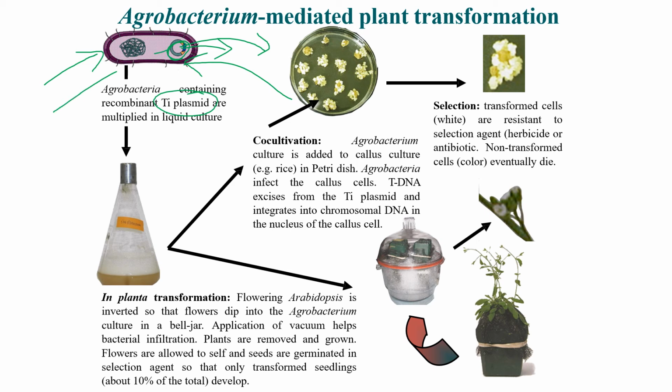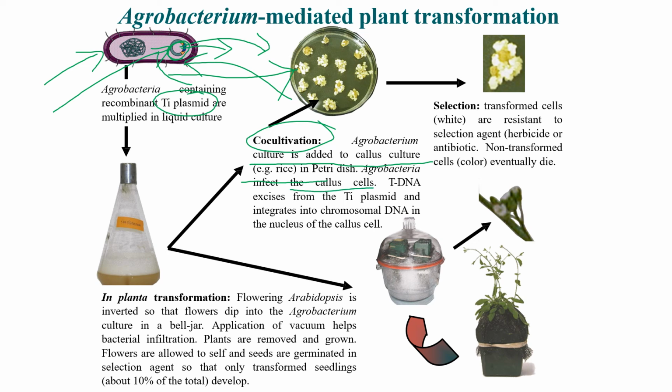We'll place that plasmid back into the bacterial cell and allow that bacteria to invade the plants, explants, or small discs of plant leaves, which is a technology called co-cultivation, where Agrobacterium culture is added to the callus culture of rice. For example, here the rice cells are given in the petri dish.